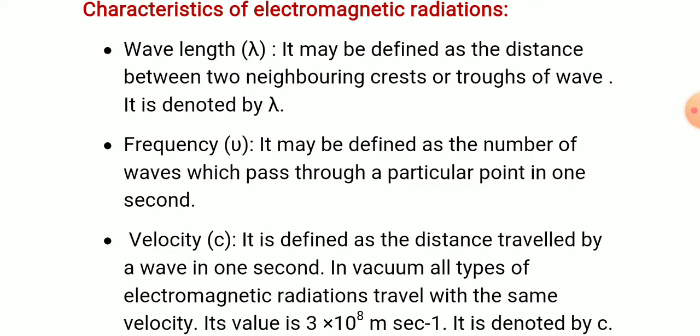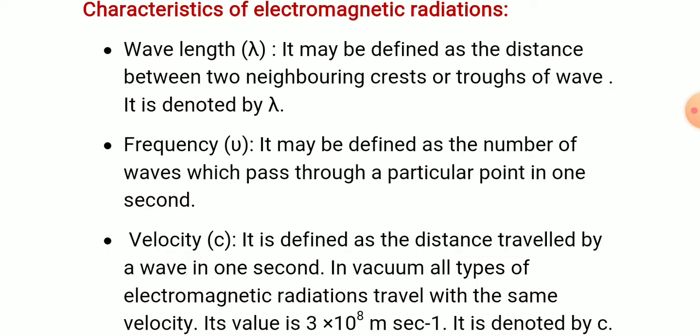So any type of electromagnetic radiation, that is gamma ray, x-ray, ultraviolet rays, visible, infrared, microwaves, consists of two components, electric field and magnetic field, always perpendicular to each other and to the direction of propagation of the wave.